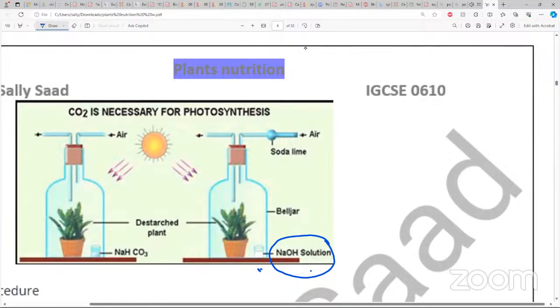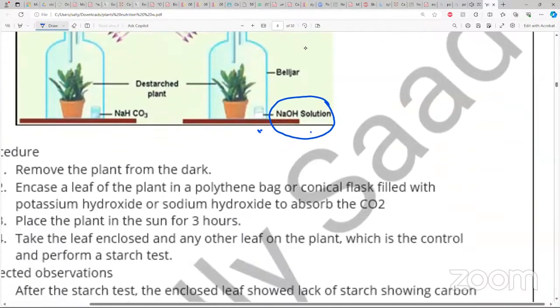Sodium hydrogen carbonate releases carbon dioxide. So here there is carbon dioxide, here no carbon dioxide. Then I will take the leaf from each experiment. Then I make the starch test. Of course, these two plants have to be de-starched before the experiment to be sure that there is no starch.